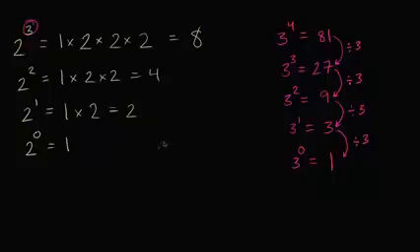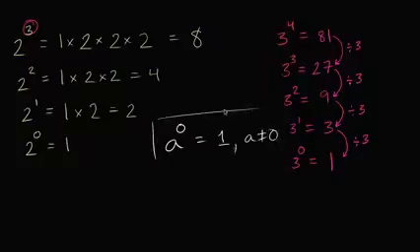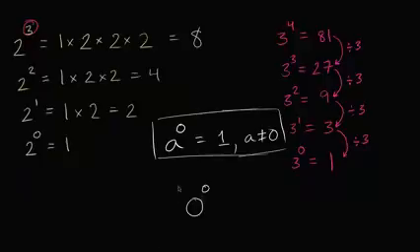So if I have any number, let's say some number a to the 0 power, this is going to be equal to 1. Now I have an interesting question for you. And let's just say this is the case when a does not equal 0. I'll leave you a little bit of a puzzle to think about. What should 0 to the 0 power be?